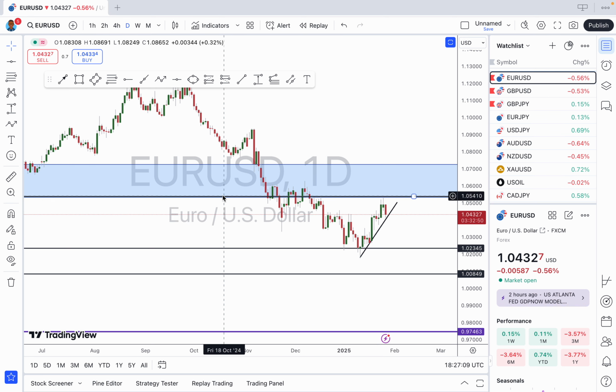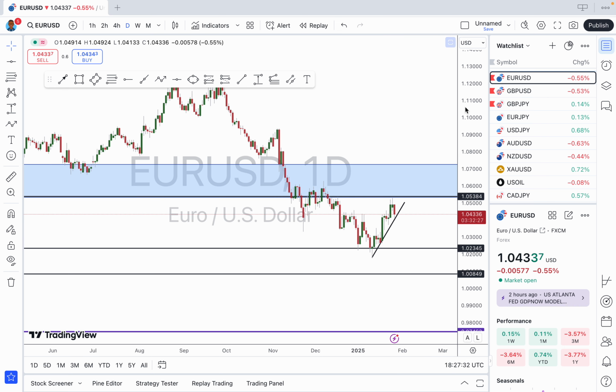This is the support of the range, mind you. We have broken the range, and then we have now started retracing, and the support of the range is now the resistance that is going to send this market to continue in its bearish movement.